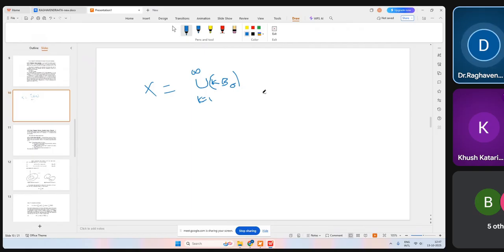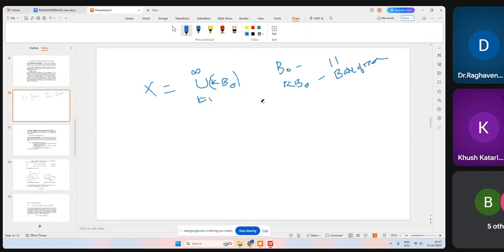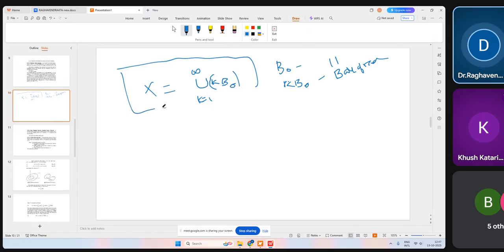What is this K times B1? B0 is the ball of radius 1, so K times B1 is the ball of radius K. We want to show this, and don't take anything for granted in your life.